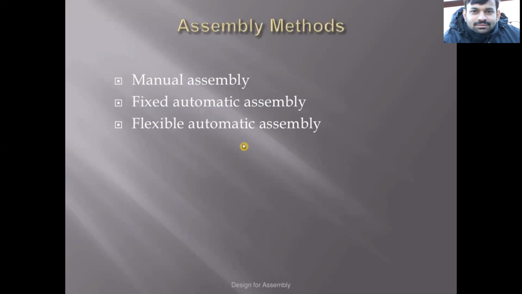The difference between fixed and flexible is that in fixed, the assembly procedure is fixed and the same thing is assembled again and again. In flexible automatic assembly, the assembly is done automatically, but if there are some minor changes during the assembling process, they can be incorporated in the same setup. So these are the three assembly methods.